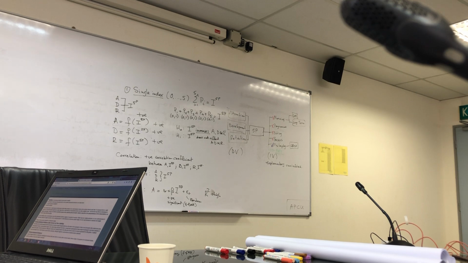Then we would say that PI 1, 2, 3, 4, 5 takes a value between 0 and 5. Let's say we give it a Likert scale.